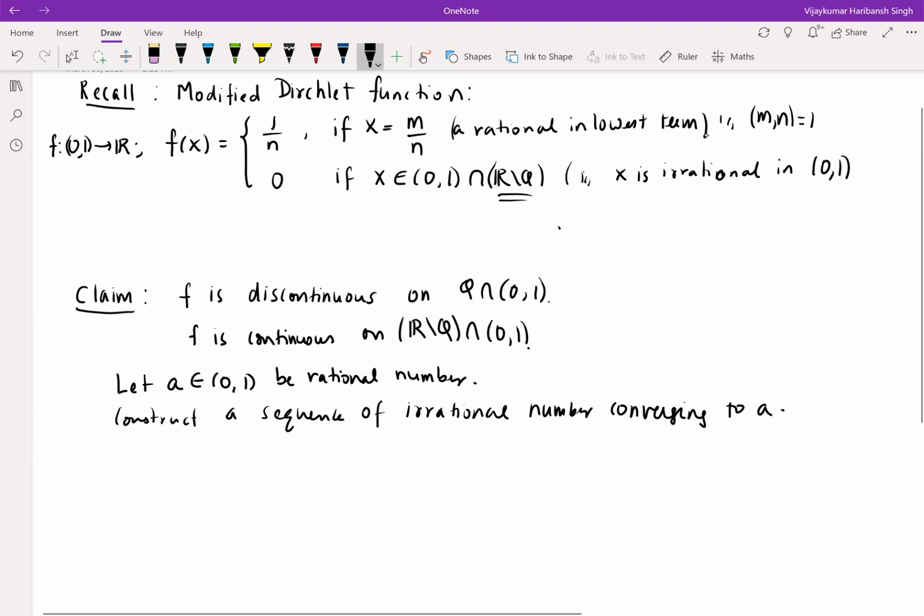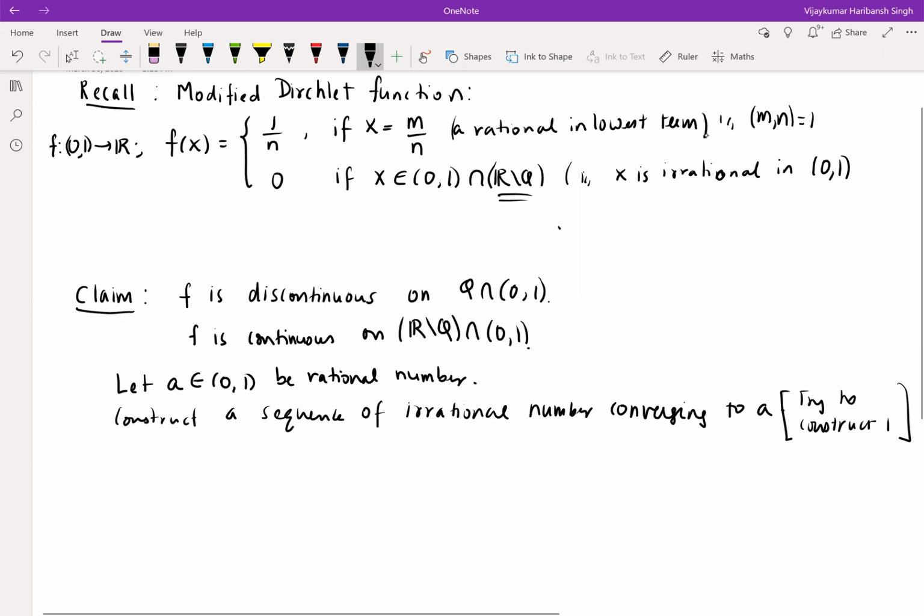This can always be constructed because of the density of irrationals in R. It is an interesting construction, so please try to construct one. It would basically amount to taking a 1 by k neighborhood of a, and then making k larger and larger, picking an element from each of those 1 by k neighborhoods.